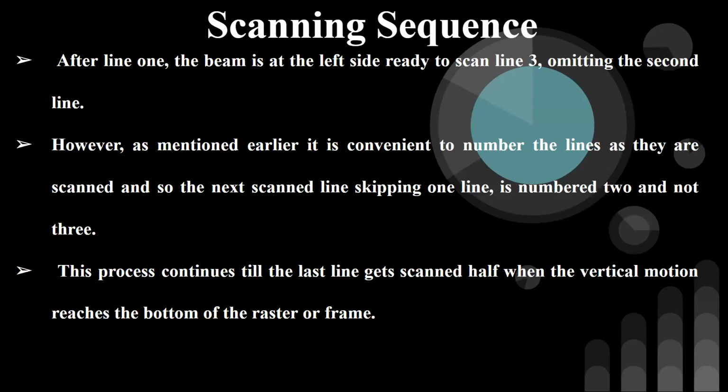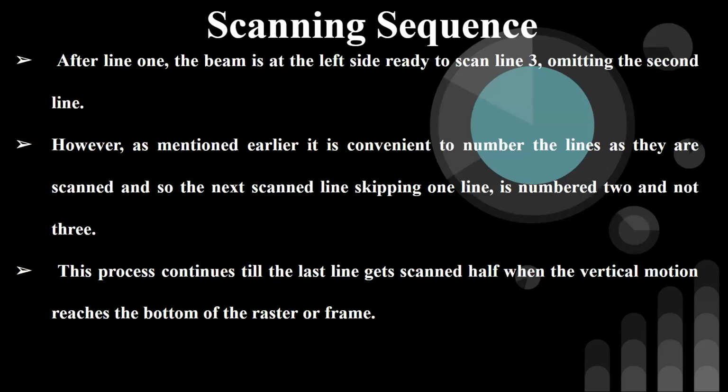However, as mentioned earlier, it is convenient to number the lines as they are scanned. So the next scanning line skips one line. So the number 2 and more are required for that.